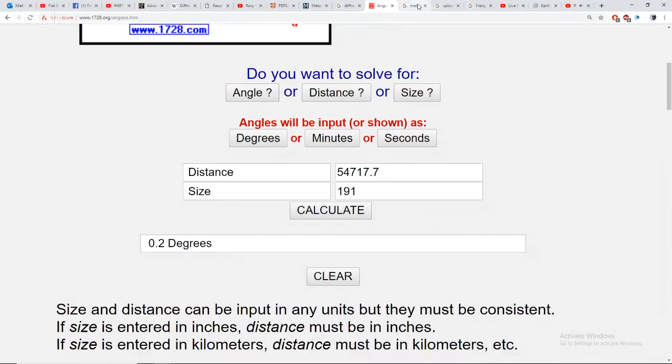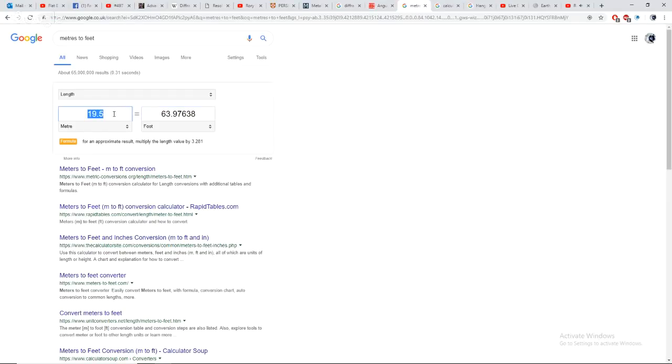Let's do meters to feet. 191. 626 feet, essentially 626.6 feet to get a 0.2.